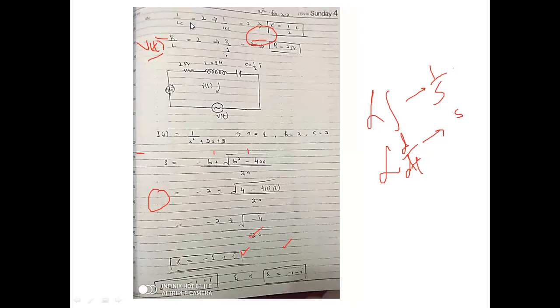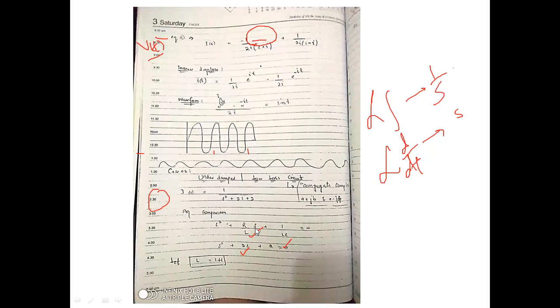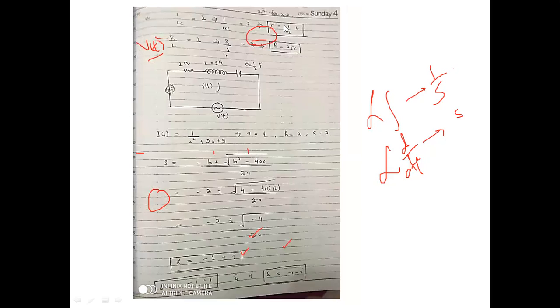So 1 over LC is equal to 2, so you will get C is equal to 1 over 2 farad. R by L is equal to 2, and as we have assumed L is equal to 1, it means R is equal to 2. So R is equal to 2, L is equal to 1, and C is equal to 0.5.